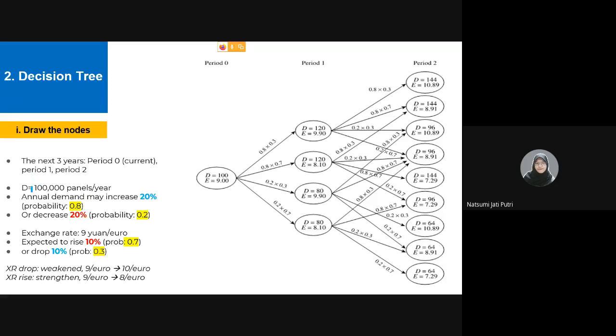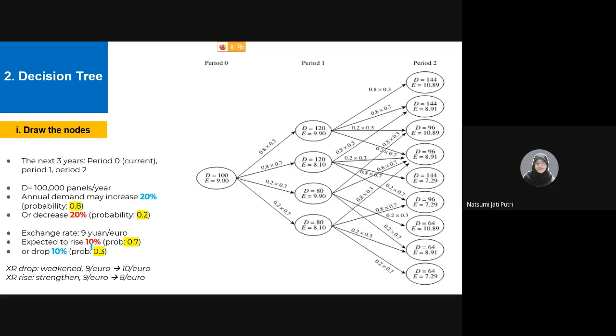The current demand is 100,000 panels per year, and the annual demand may increase by 20% with probability 0.8, or decrease by 20% with probability 0.2. The current exchange rate is 9 yuan per euro and expected to rise by 10% with probability 0.7, or drop by 10% with probability 0.3.